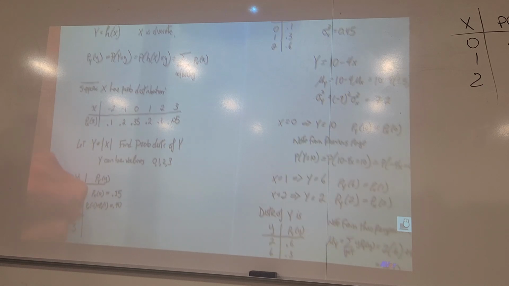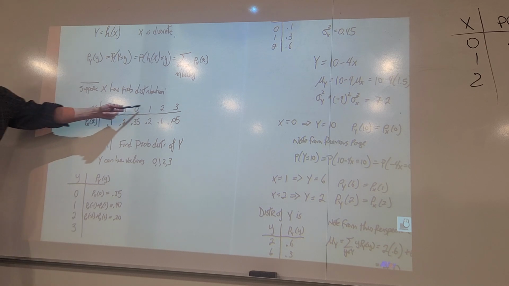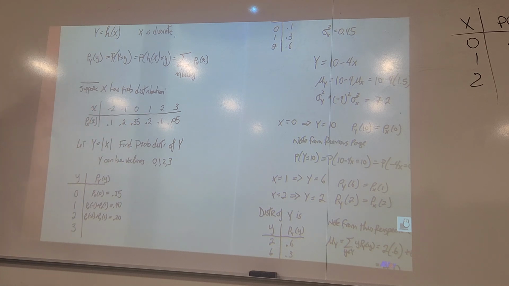Probability Y is 2 is P_X of -2 plus P_X of +2, which looks like 0.2. And the probability that Y is 3, well, you see again, there's only one X value that maps to a Y of 3.